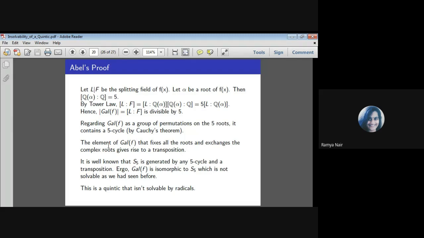So the conclusion is the Galois group is isomorphic to S5, which is not solvable as we had seen before because A5 is not solvable.